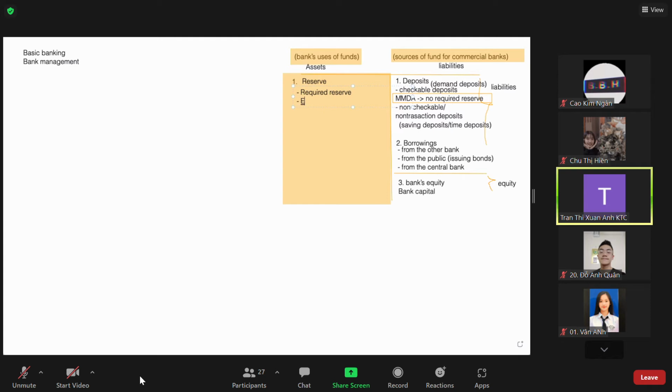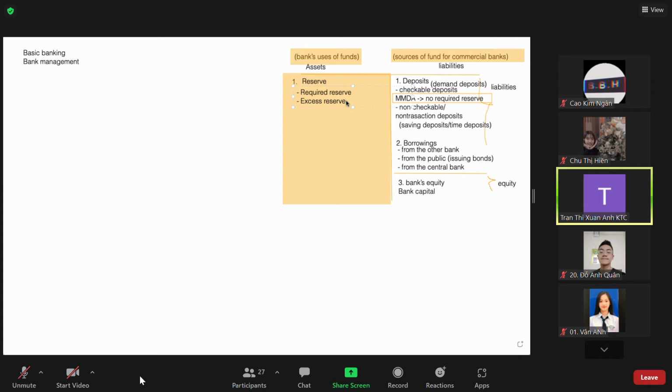So excess reserve, I'm sure that you know, is not only for difficult times, but also for the normal season as well. There are types of deposit from different people in the economy. Some deposit money for 3 months, some for 1 month, and some for 3 years, for example, right?